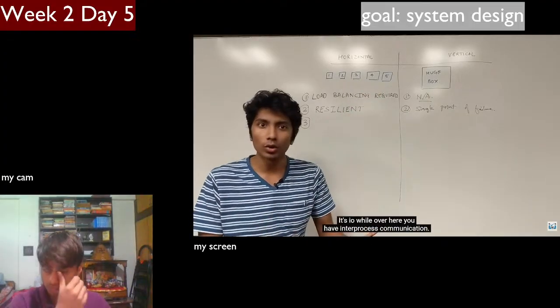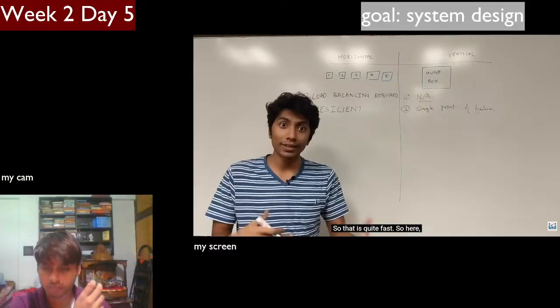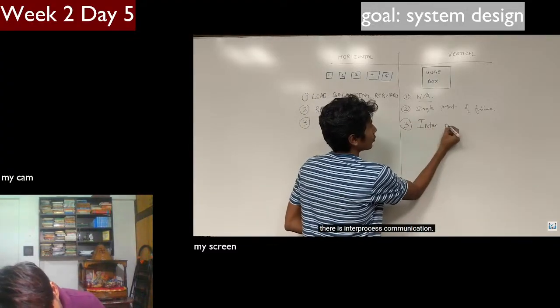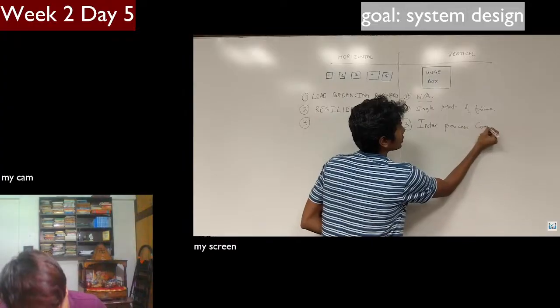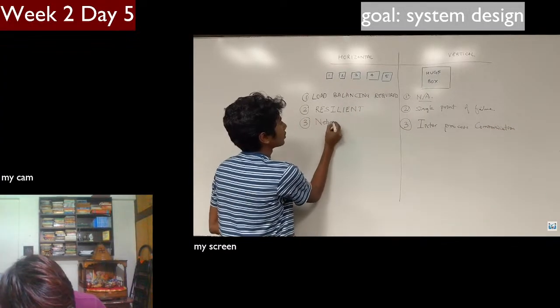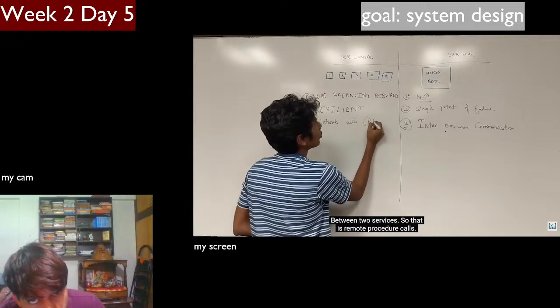And network calls are slow, it's I/O. While over here you have inter-process communication, so that is quite fast. So here there is inter-process communication, while over here we have network calls between two services. So that is remote procedure calls.